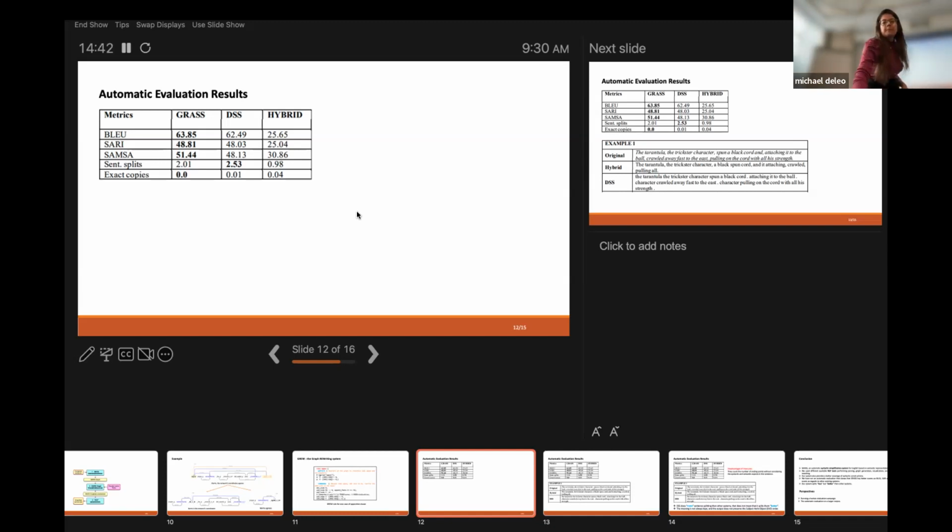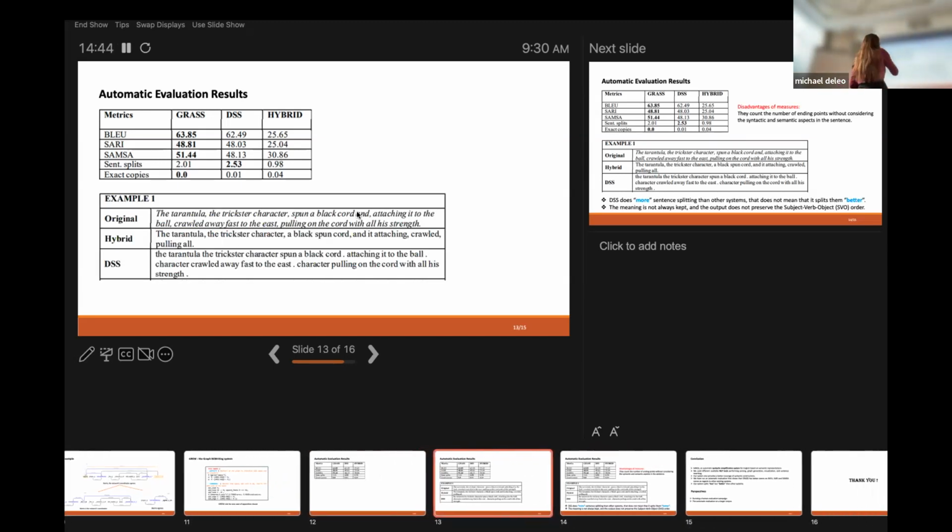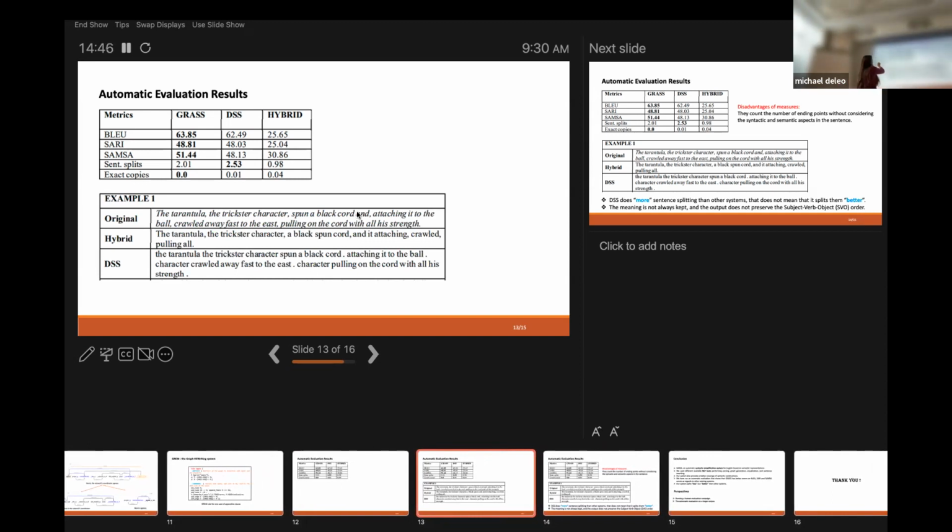Why? Because with sentence splits, we do not have the best score. We have another system that performs more. To see why it performs more, we looked at the original one. Okay, I'm sorry, I forgot to put the output of my system.